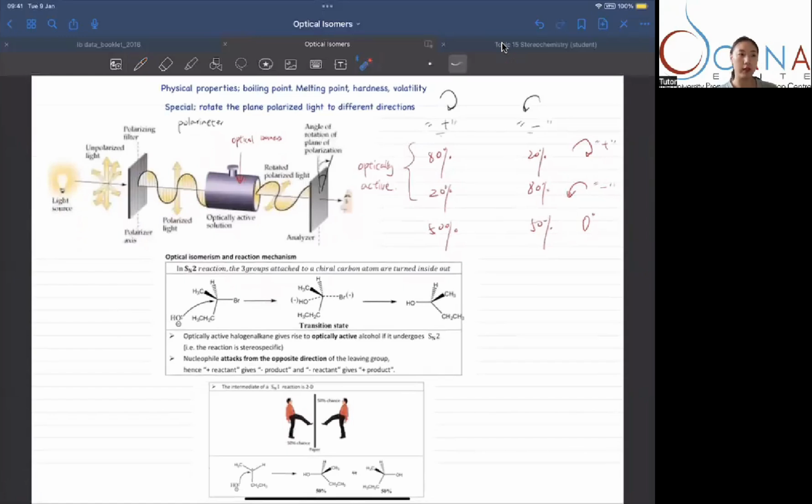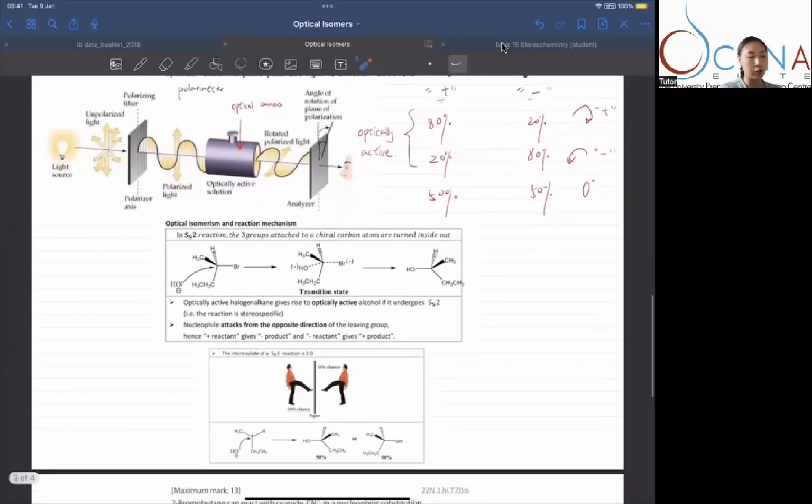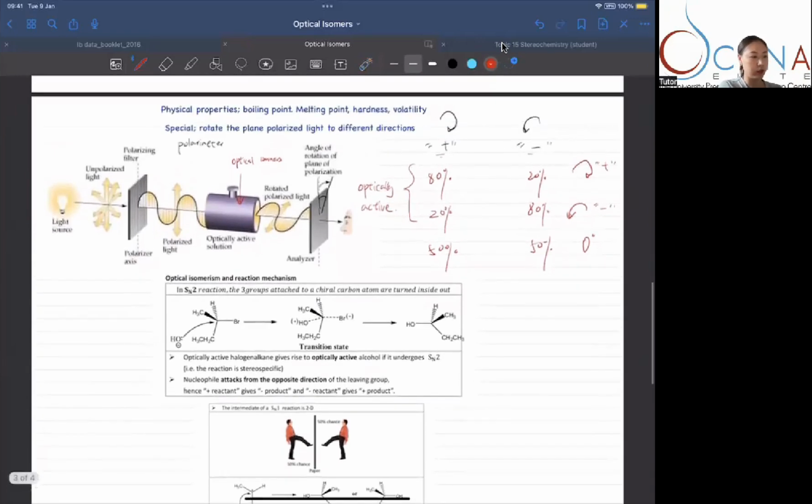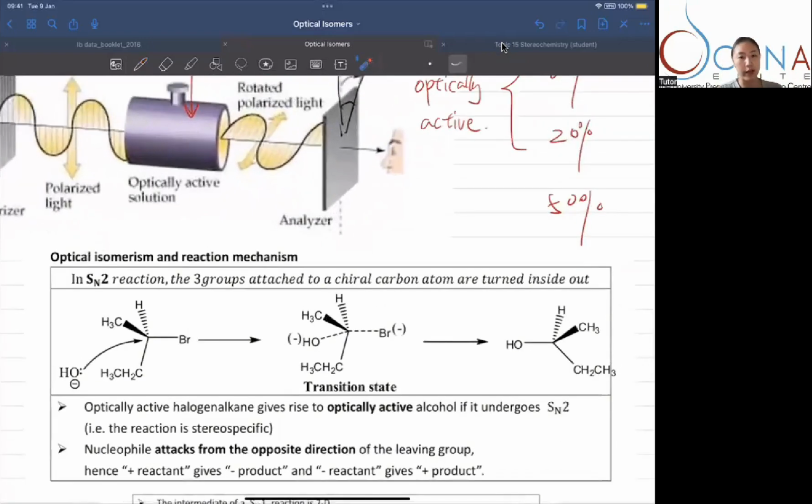Before, when you learned the nucleophilic substitution mechanism for the haloalkane, you should have learned that there are two types of nucleophilic substitution mechanism. One is called SN2 and one is called SN1. In fact, these two mechanisms produce different types of optical isomers. If you look at the SN2 reaction, because it is a one-step reaction, the nucleophile will attack from the back.